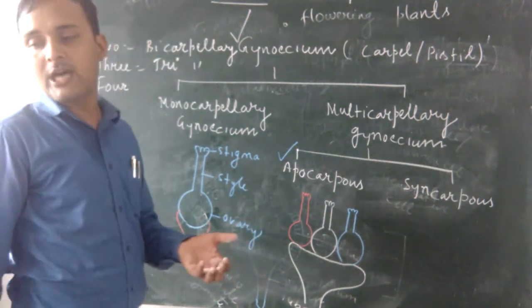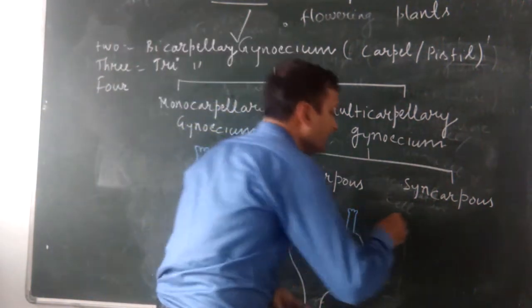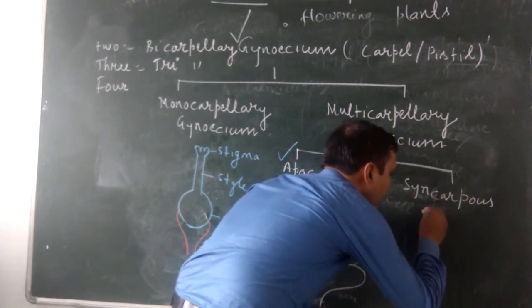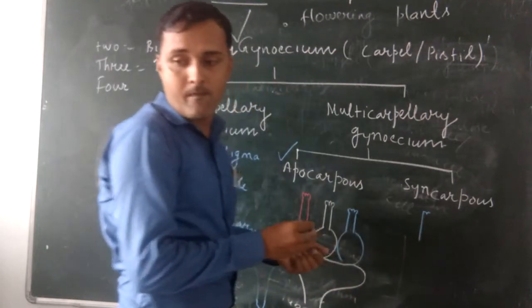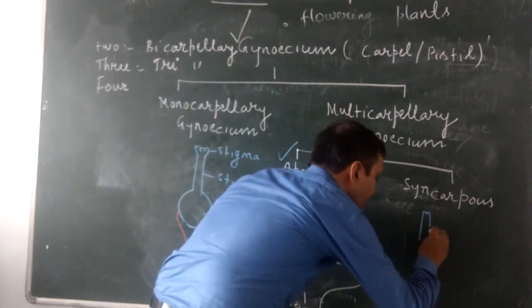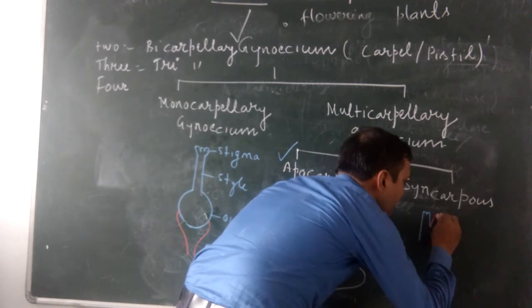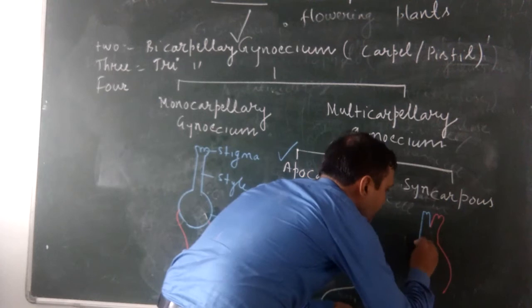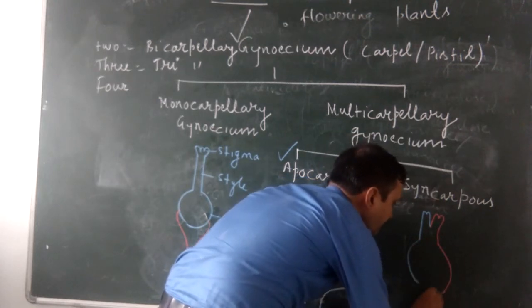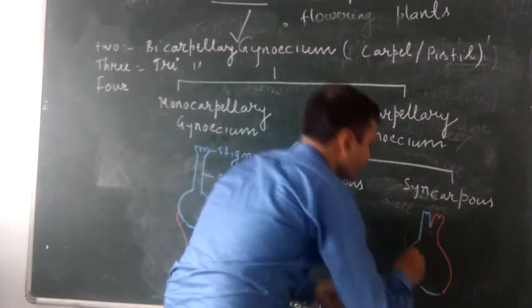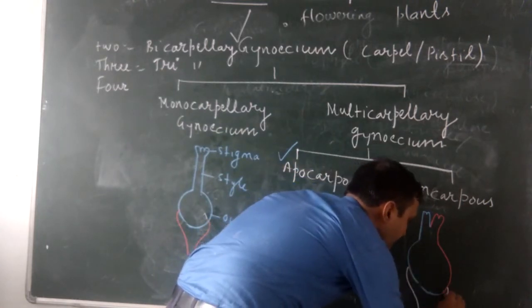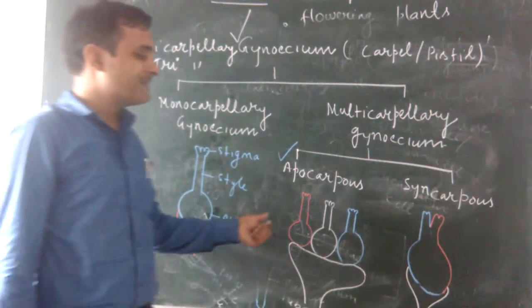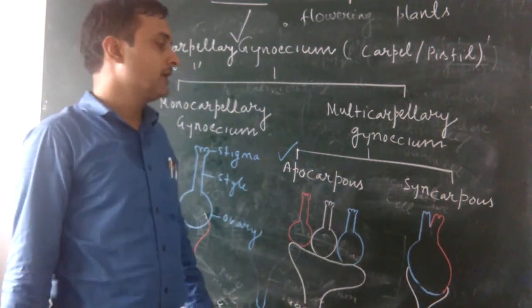Now see syncarpous. Suppose I have drawn here a syncarpous gynoecium. Apocarpous is found in Michelia, syncarpous is found in Papaver.